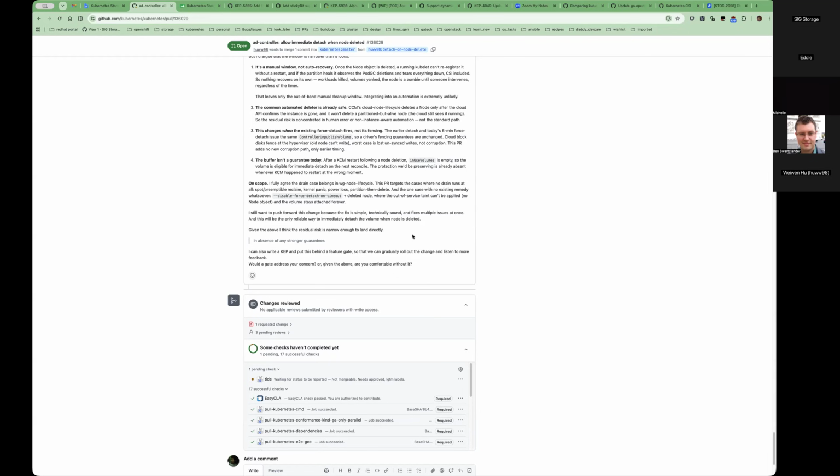I have another question. Maybe this could be an alternative approach, instead of modifying the ADC controller. What if on the volume attachment object you create an owner reference to the node? You're saying make the Kubernetes API server automatically delete volume attachments when their nodes go away?